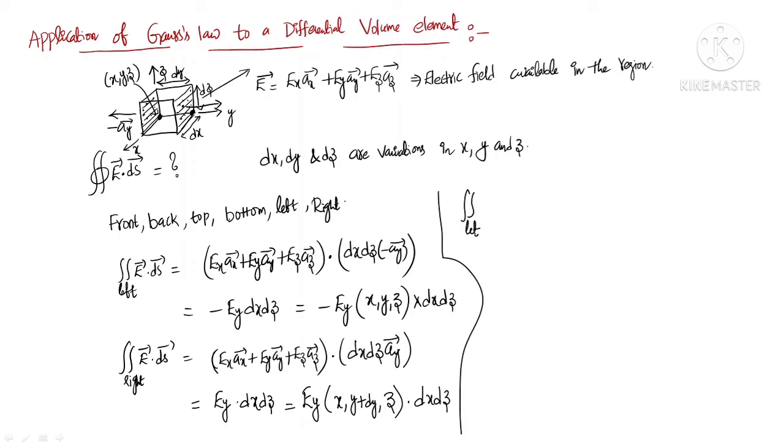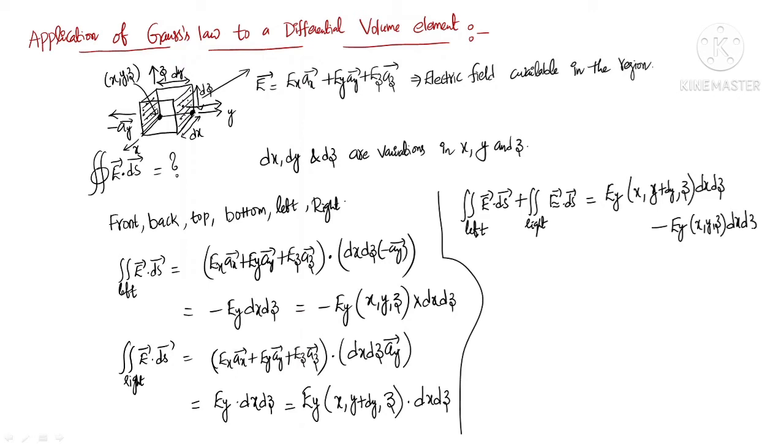Now add both integrals. It is the surface integral of left E bar dot dS bar plus the surface integral of right E bar dot dS bar, equal to first Ey evaluated at the point x, y plus dy, z multiplied with dx dz, minus Ey evaluated at x, y, z times dx dz.